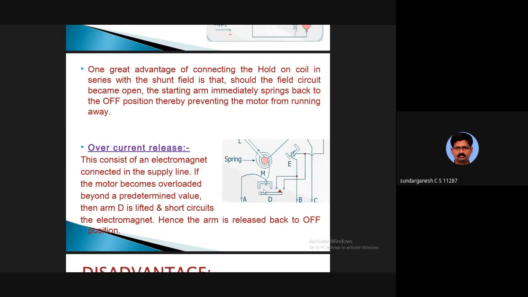If it is overloaded beyond a predetermined value, what will happen is that this piece, arm D, is lifted and it will short circuit both these two lines. It will short circuit this point as well as this point.